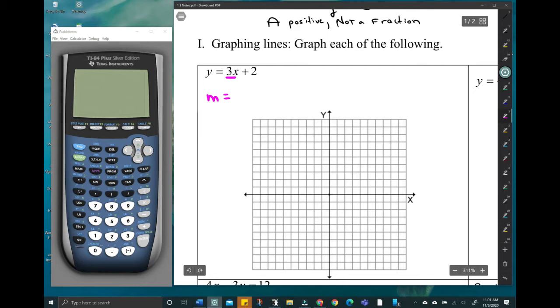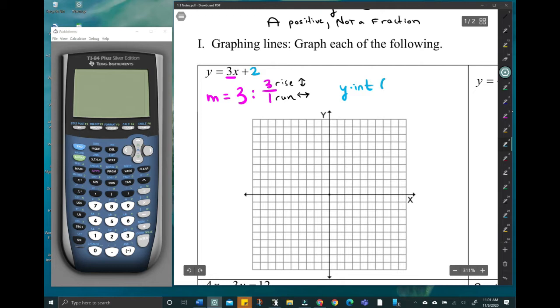When it's just a 3, it really corresponds to 3 over 1, which means that we have a rise of 3 and a run of 1. Rise is up and down, run is across. The 2 is actually the first step we'll start at, and that means we have the y-intercept at (0, 2).